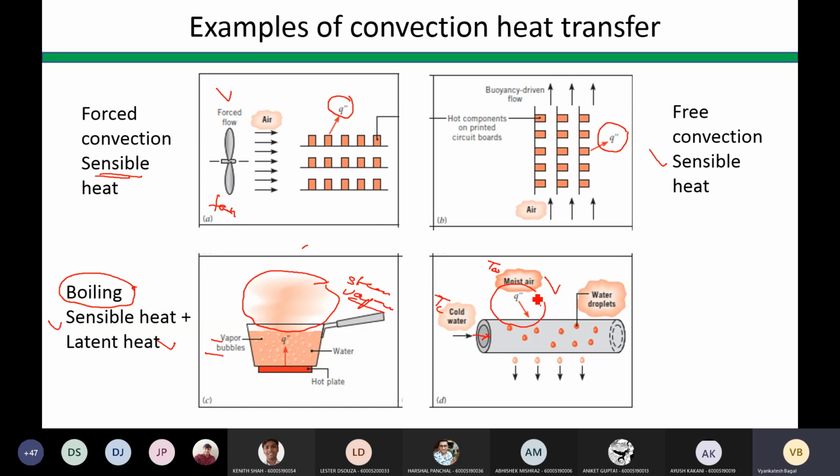In doing so, the moisture in the air will condense on the surface of this tube, and you can see water droplets. This is again an example of convection heat transfer, but this time it is condensation, where we talk about sensible as well as latent heat. Is it clear?